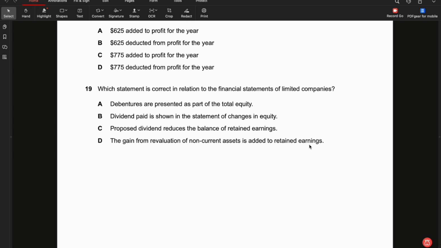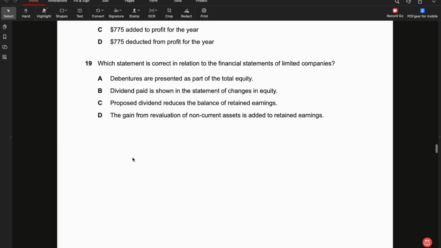And retained earnings is created out of profit for the year, so it is a revenue reserve. So this is the capital reserve, this is the revenue reserve, so we do not write the gain out here in the retained earnings. So your correct answer out here is B. We show dividend in the statement of changes in equity. Correct answer 19B.